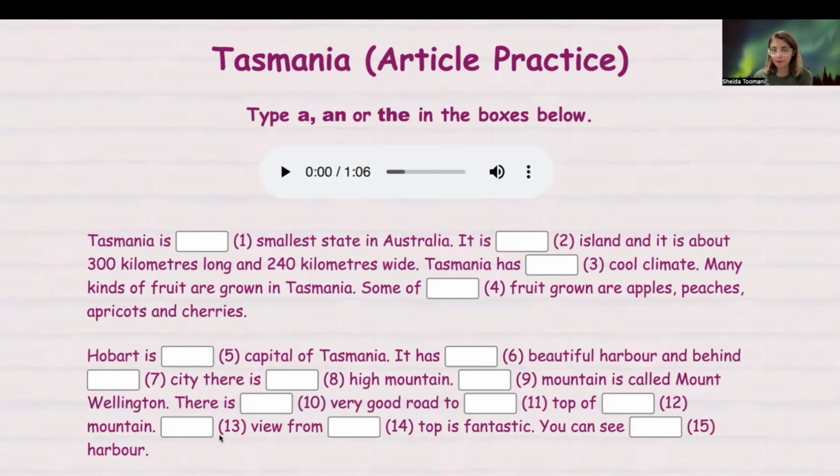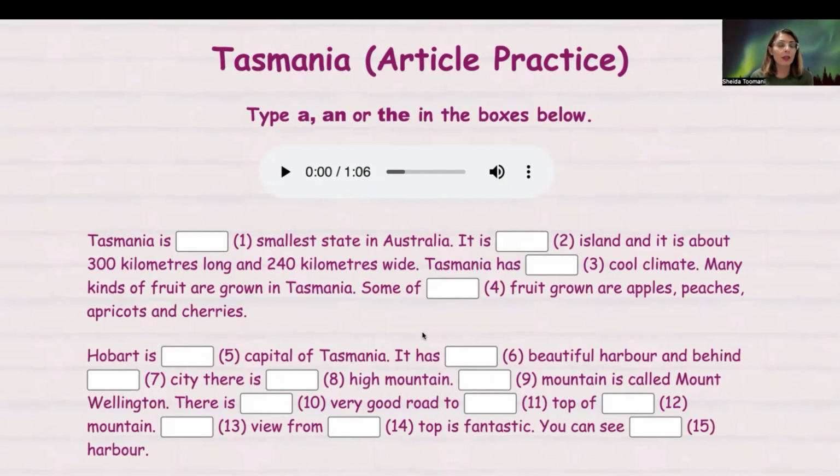What do you say? There is very good road to top of mountain. How about number 10 and 11? A, the, or an? View from top is fantastic. You can see harbor. Again, which one is the correct option for number 13, 14, and 15?